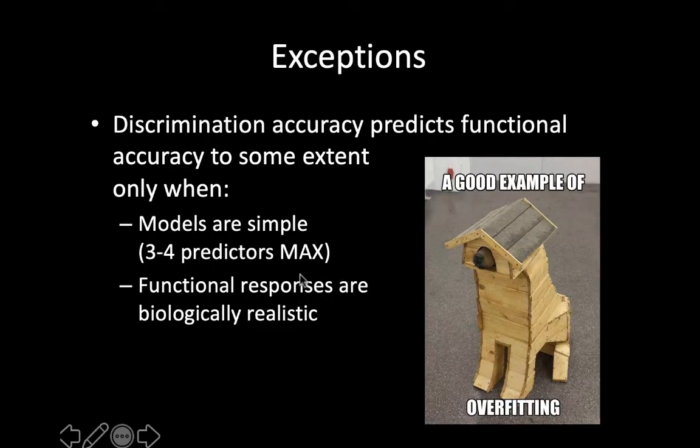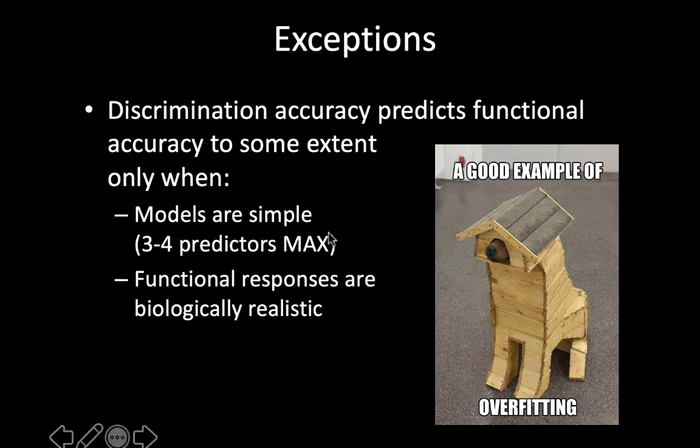And we found that you could do 3 to 4 predictors max. The number of predictors that you could get away with and still use discrimination accuracy to select well-calibrated models, I believe that would probably go up if you had a larger sample size. We did not evaluate that. That would be a really cool future study.